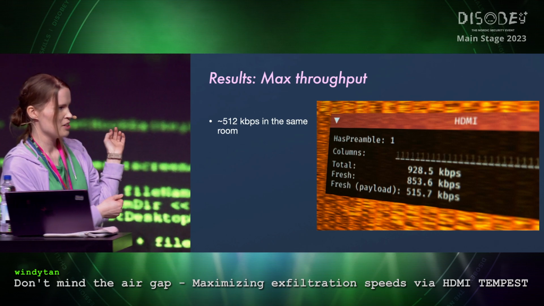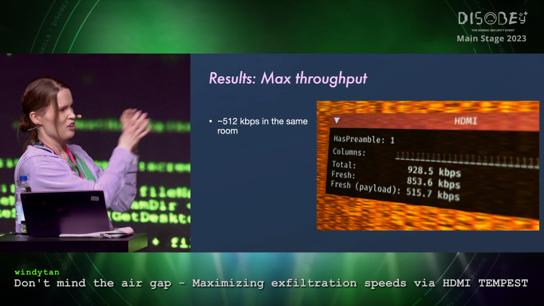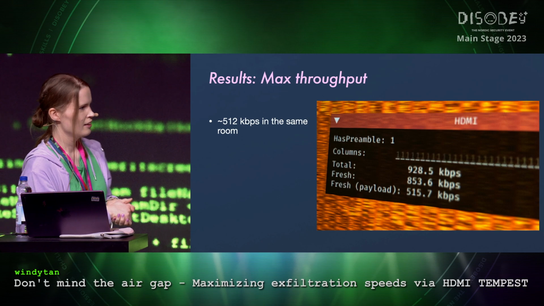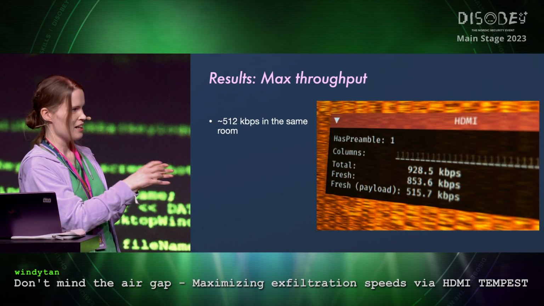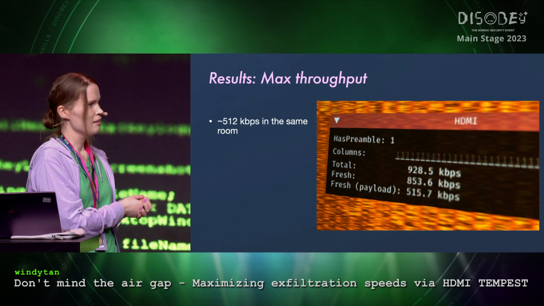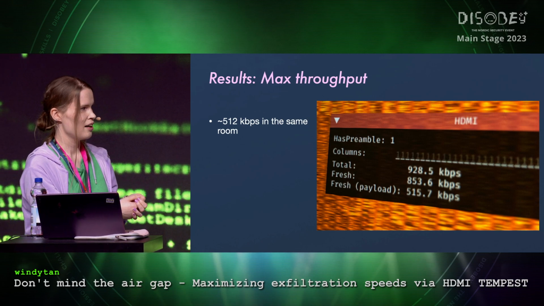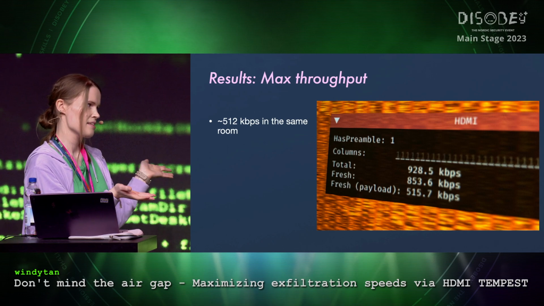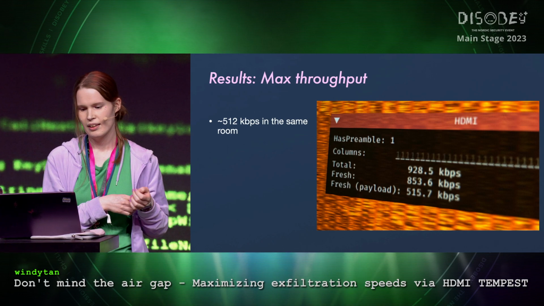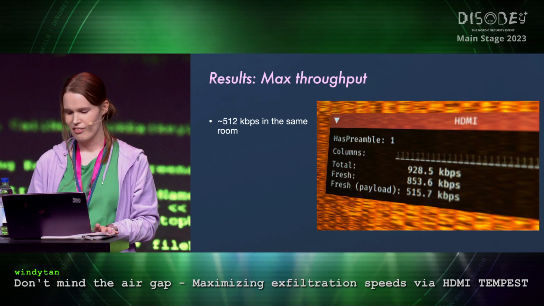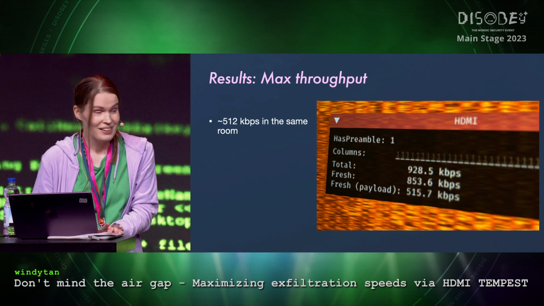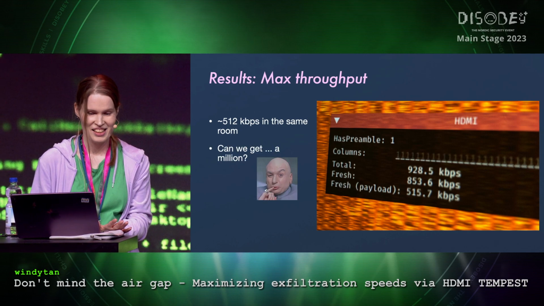There's the total speed, which is how many bits my program is reading from the screen, then how many of those bits are actually from new packets that were never seen before, and then how many of those are something other than CRC or error correction. That number is half a megabit. But can we get 1 million?